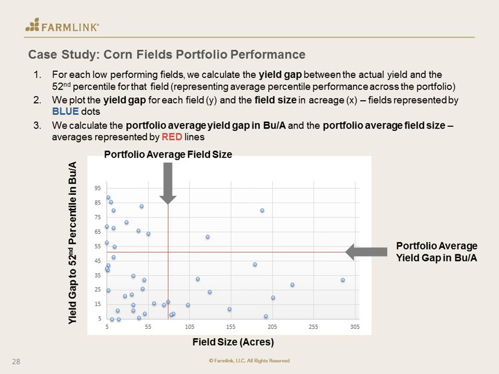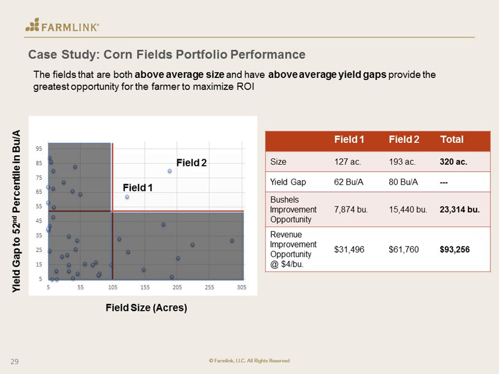By representing the portfolio fields this way, we can quickly see where the largest opportunity exists. As you can see, when you look at the portfolio this way, there's two fields that appear in the upper right-hand quadrant. This means those fields are above average in size, and they have above average yield gaps to reach the 52nd percentile in performance.